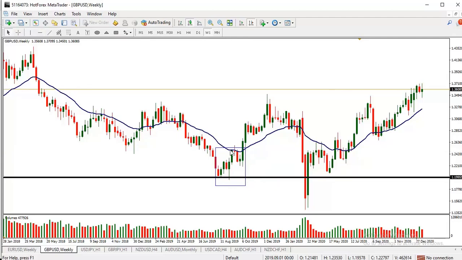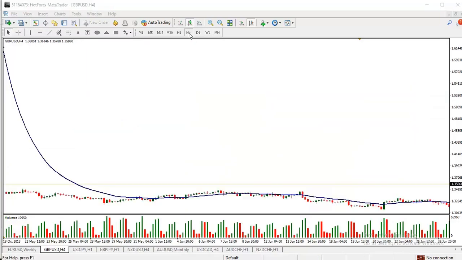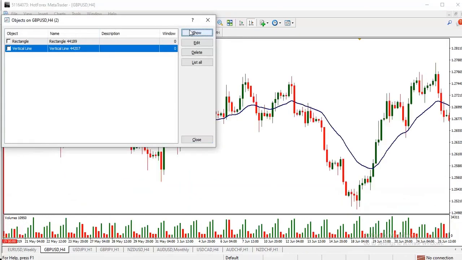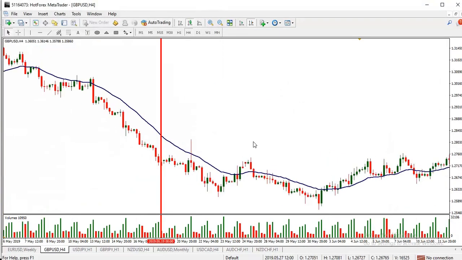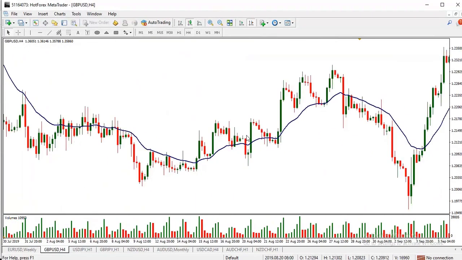So that's what we'll be checking now. Now let me go to my 4 hours and mark out this area. Okay, we're having it. Now this is the area of interest we'll be looking at.